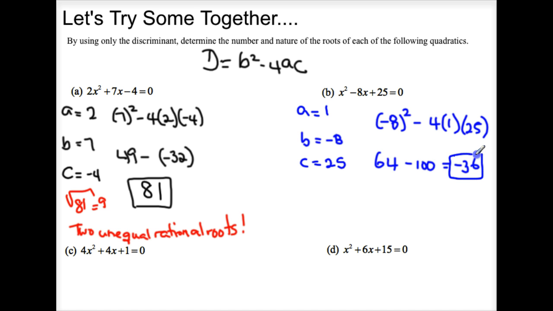So this is the last case, case 4. When it is less than 0, it becomes 2 unequal imaginary roots, because it's a negative. That's it.